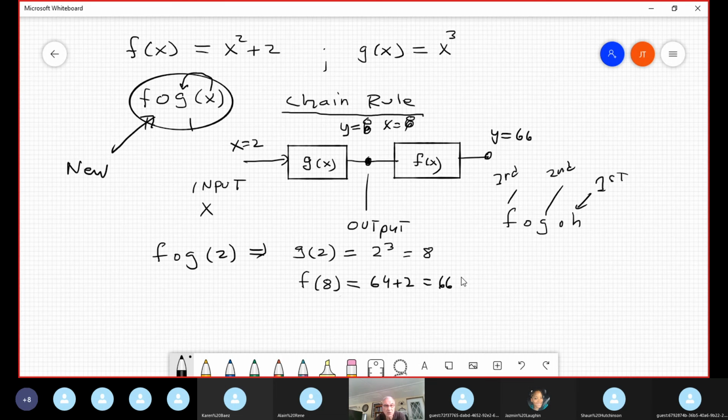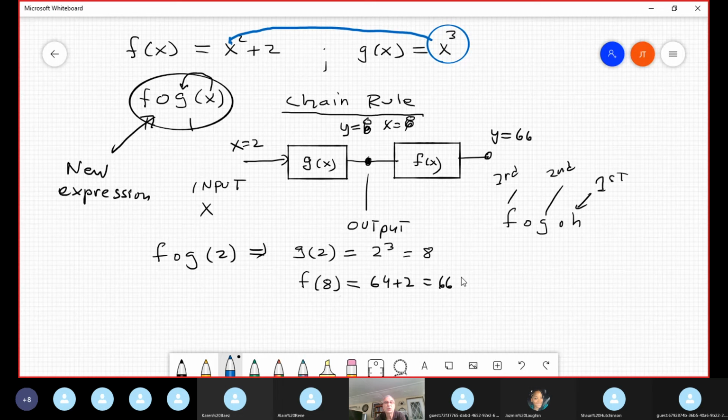Okay, new expression means that g, which is this expression, goes inside this. Then f composition g of x is equivalent to saying x cubed squared plus 2.